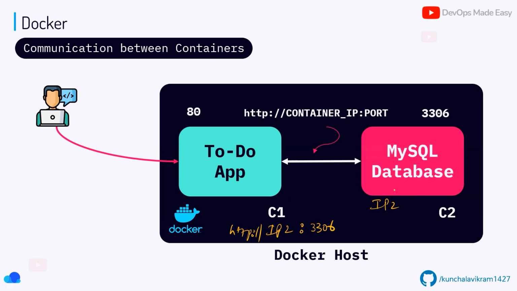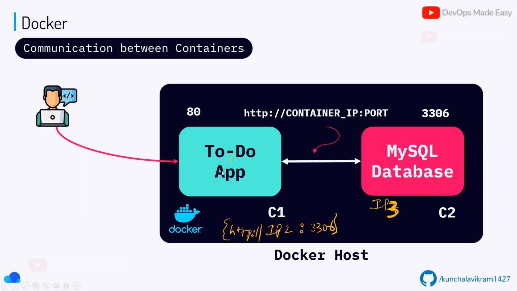Okay, so what will happen if the MySQL database container fails, or restarts due to some issue, and its IP address changes? Because IP addresses change, right? Whenever a container restarts, usually the IP address changes.